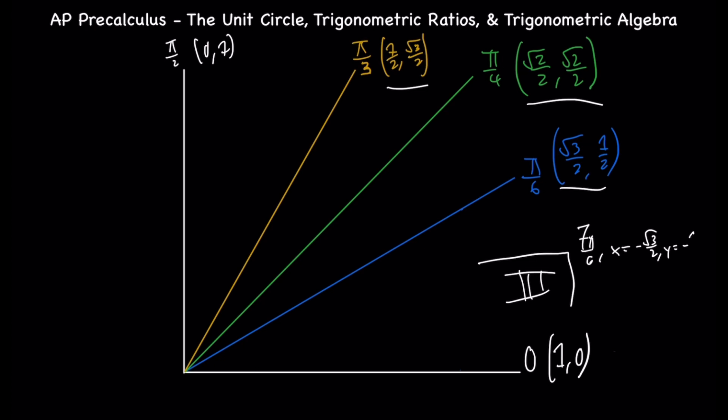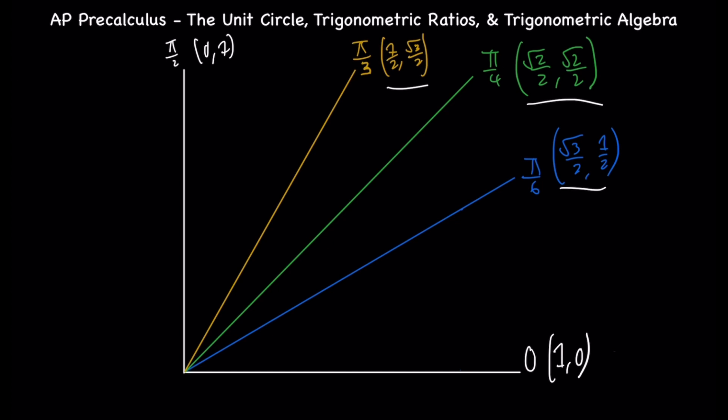Y would be negative 1/2. And you kind of get the idea. Quadrant 4, cosine is positive, sine is negative. Same values. The only thing that changes are the positive and negative signs. You can look that up for yourself.